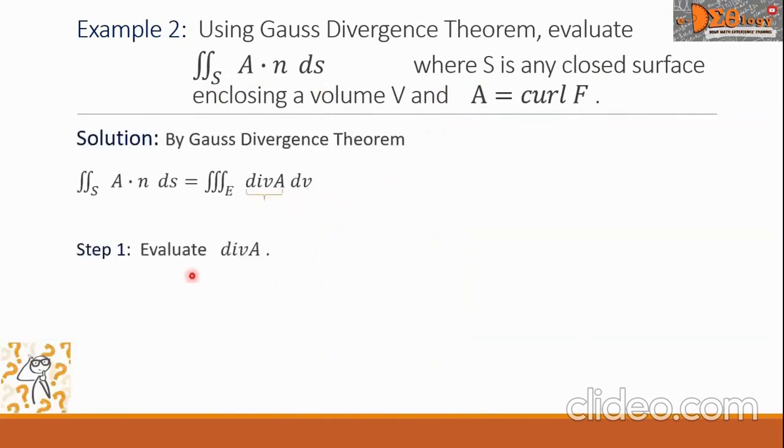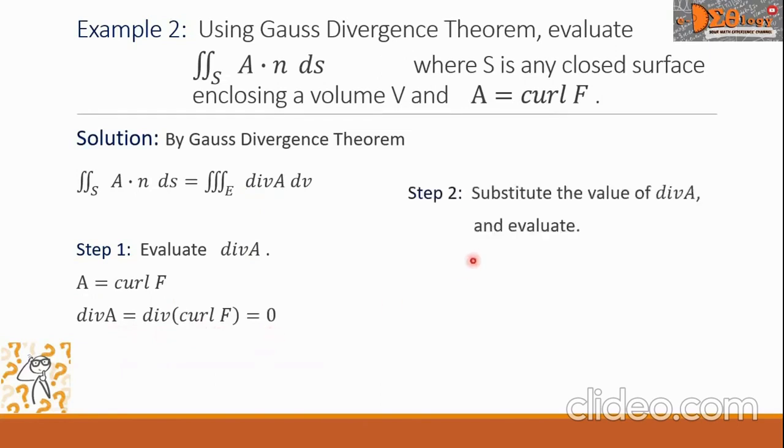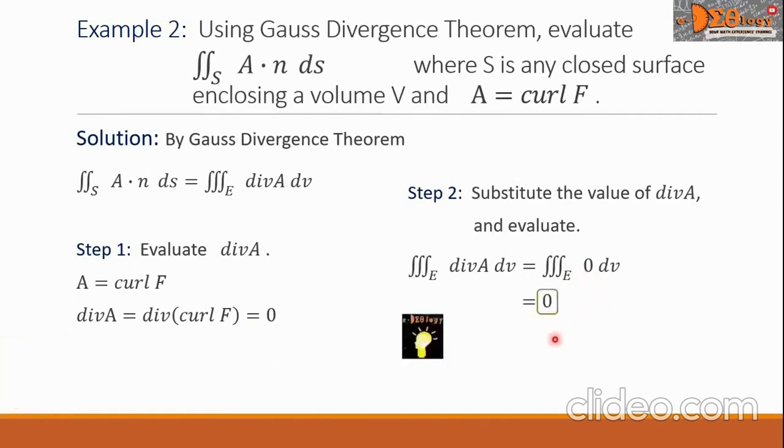Step 1, let us now evaluate divergence A. In the problem, it is given vector A equals curl F. So we take divergence A equals divergence of curl F, and this is equal to 0. Step 2, we substitute the value of divergence A and evaluate. We copy the triple integral formula. The div A is equal to 0, and we substitute it here. Because of the 0, the triple integral is equal to 0. This is the final answer.